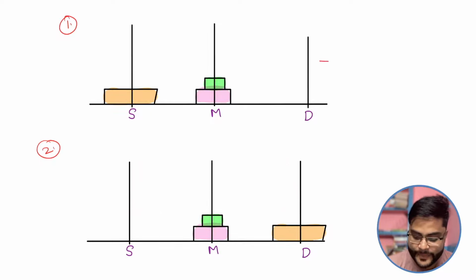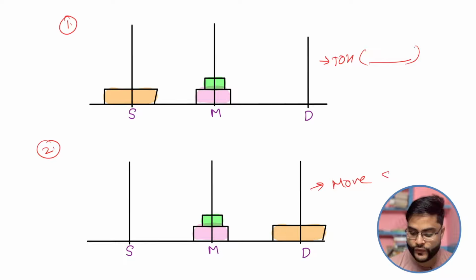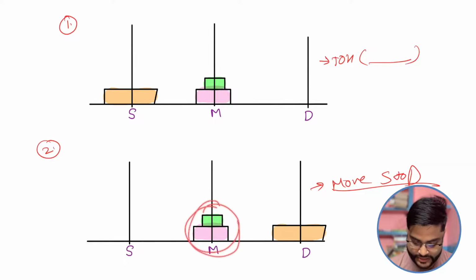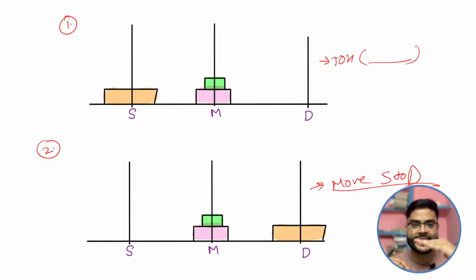So in the first step, I will write my recursive function. In the second step, I will move the disk from source to destination. And after that, I need to move these disks from middle to destination. So in the first step, I will keep only one disk in my source and move all the other disks to the middle.